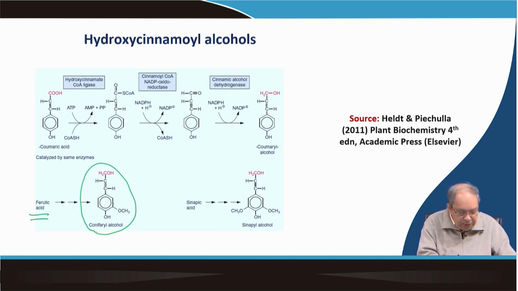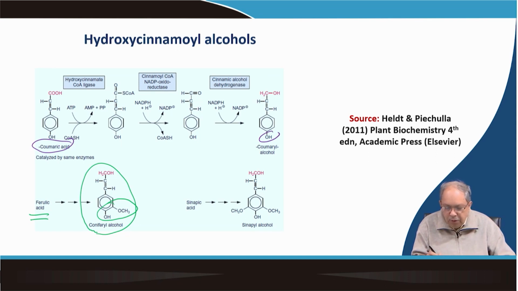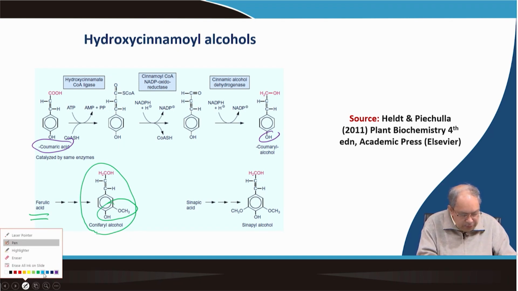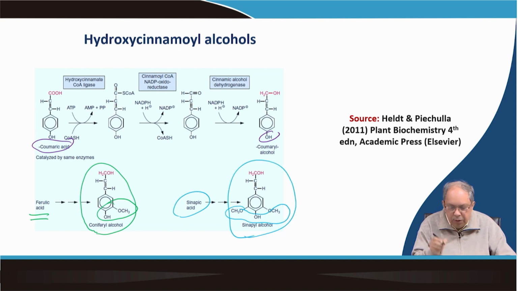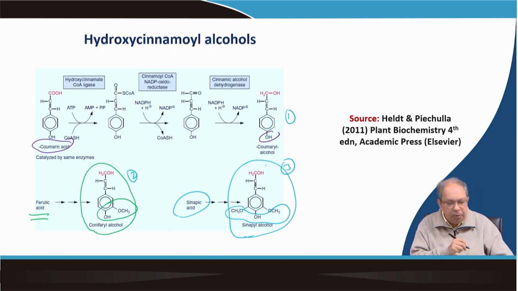The other is coumaryl alcohol, or paracoumaryl alcohol, with only an OH group, which originates from coumaric acid. The sinapyl alcohol originates from sinapic acid, with the structure as you see here. These three are the major monolignols that contribute to the formation of lignin.